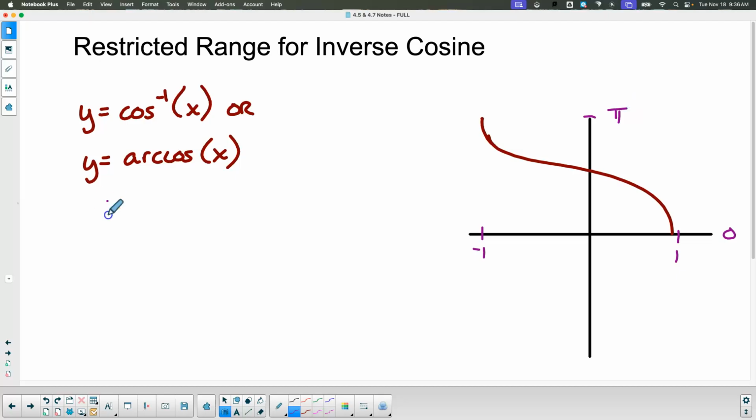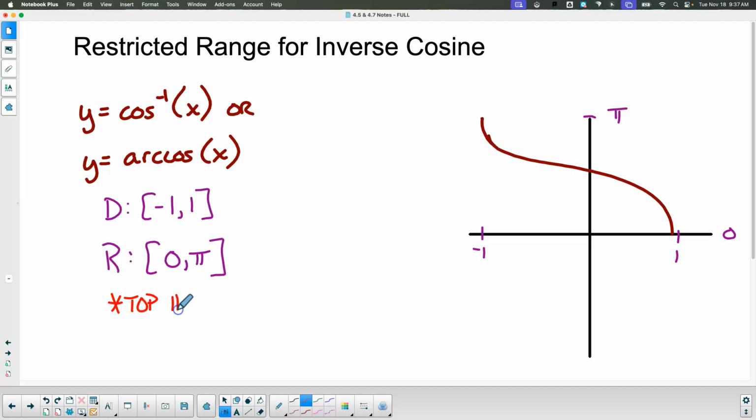So my domain is still going to be -1 to +1, but my range now is going to be from 0 to pi, which is nice because that is the top half of the unit circle.